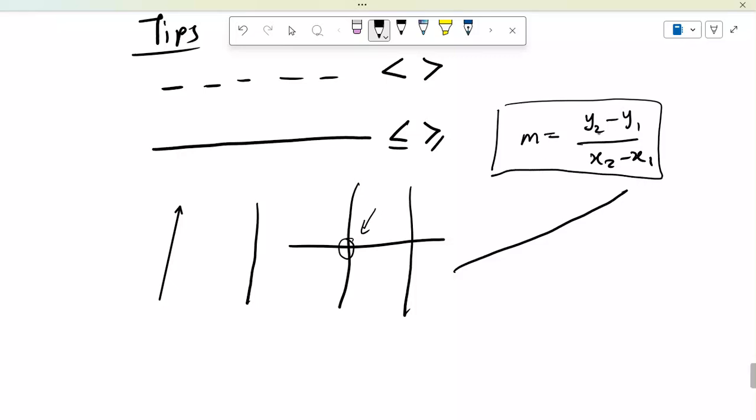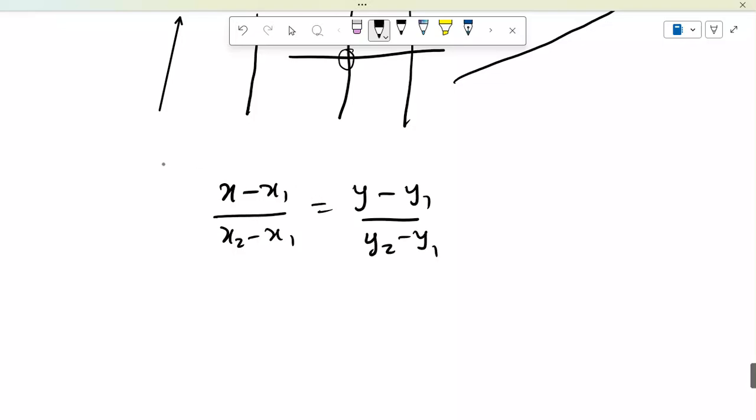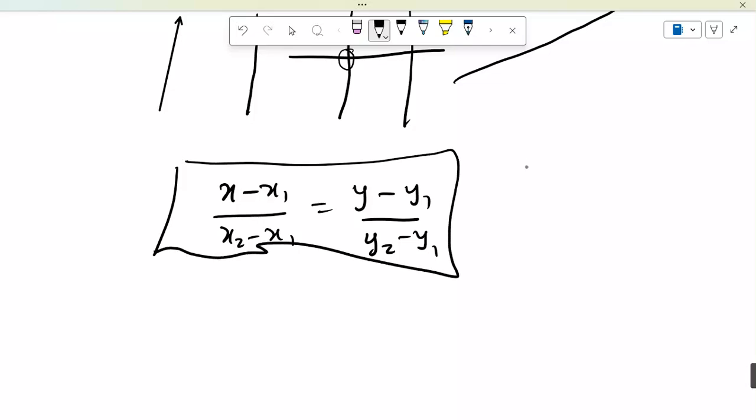If this is 0, you are not supposed to use the equation I've given you, which is x minus x1 over x2 minus x1 equal to y minus y1 over y2 minus y1. You need to know this equation. If it's just straight, no need of using this. But if it's slanted, meaning it has a gradient, you need to use this equation.